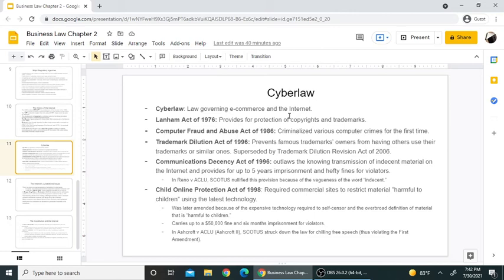The Trademark Dilution Act of 1996, for the first time, prevented famous trademark owners from having others use their trademarks or create very similar trademarks and put that on the internet.